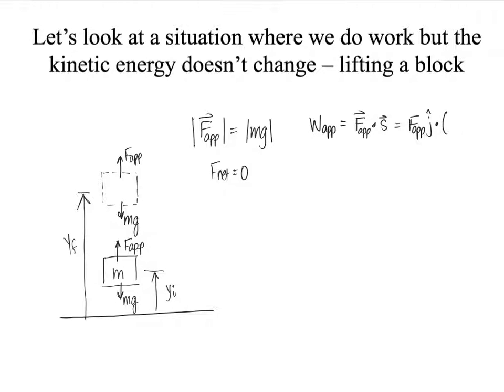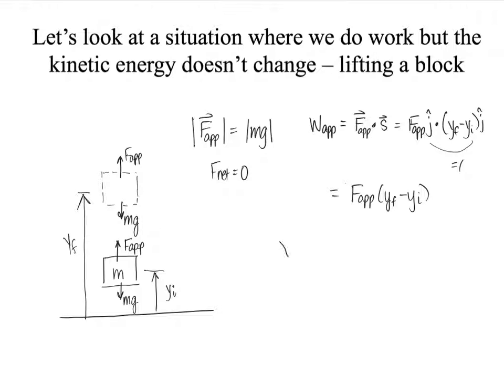And the displacement is also in the j direction, and it's going to be y final minus y initial. So remember dot product, j dot j is just equal to 1. So the work is the applied force times the displacement.